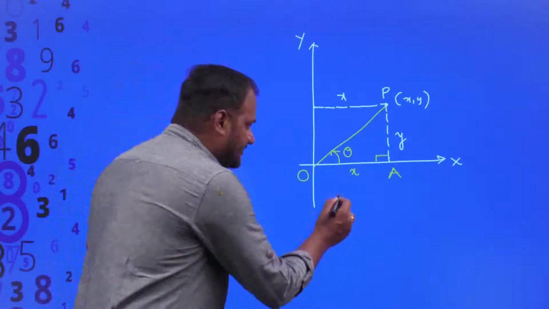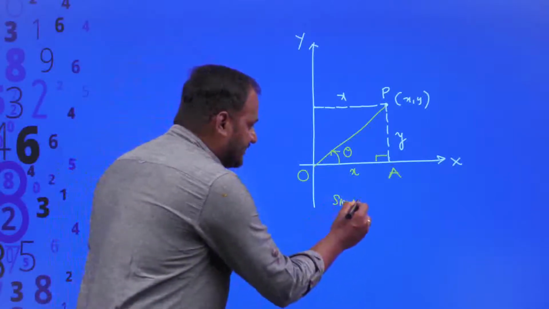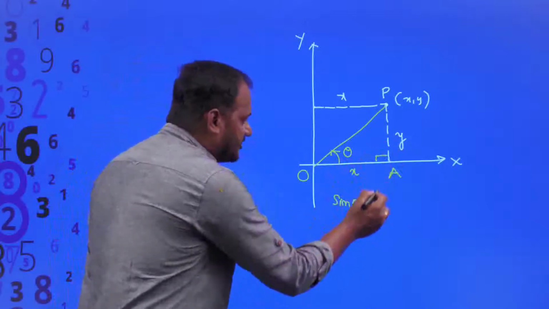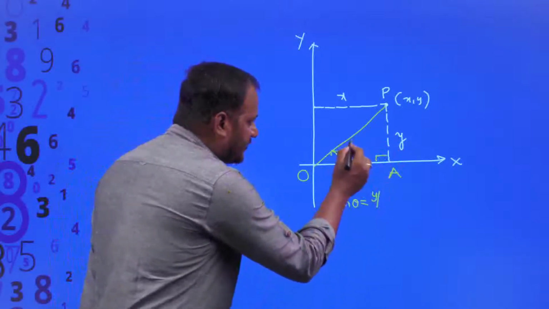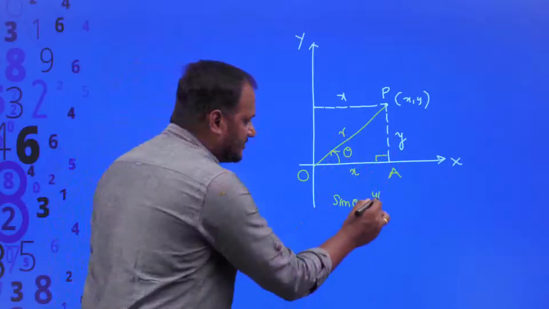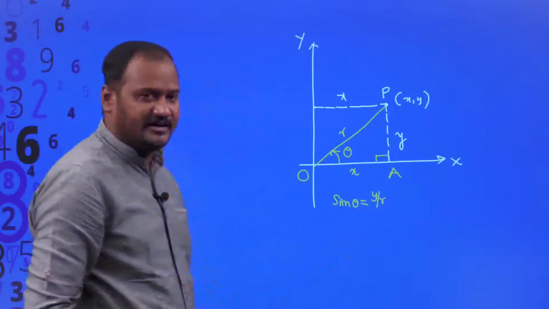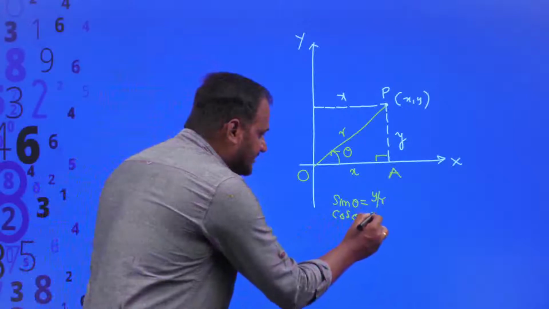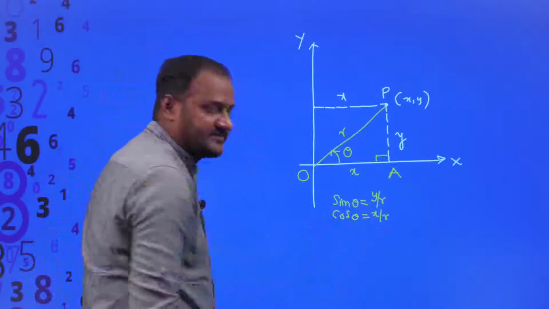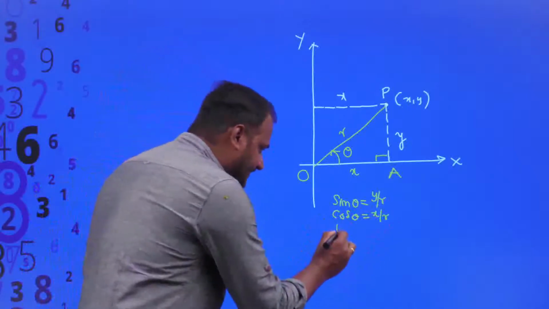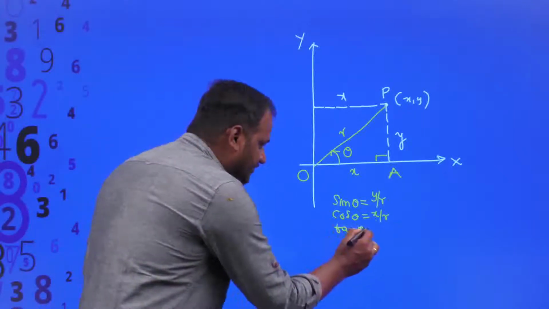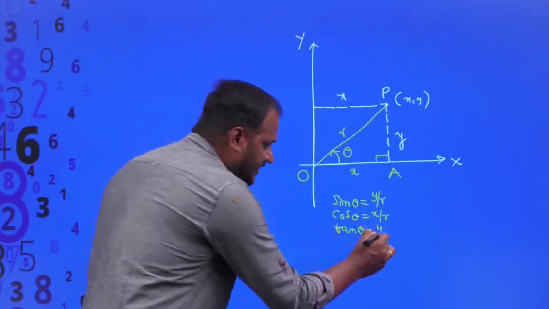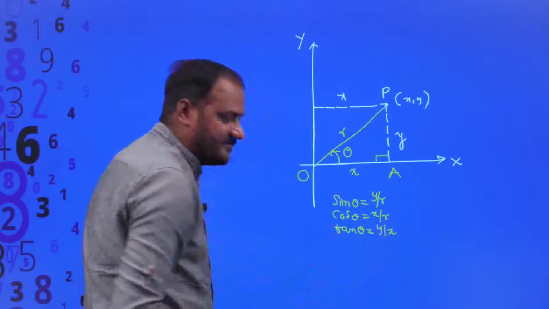What is the value of sine theta? So sine theta is equal to side opposite to theta divided by hypotenuse. Let us say hypotenuse is equal to some r. And cos theta is equal to side adjacent to theta by hypotenuse. And tan theta is equal to side opposite to theta divided by side adjacent to theta.